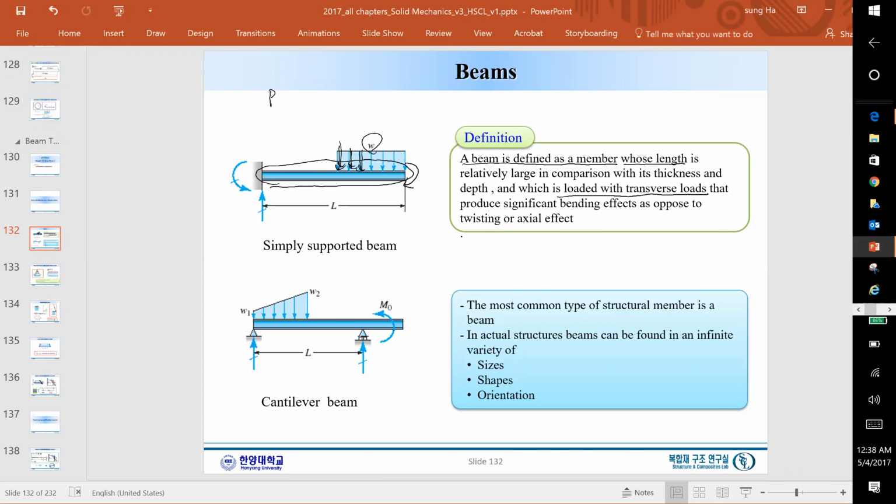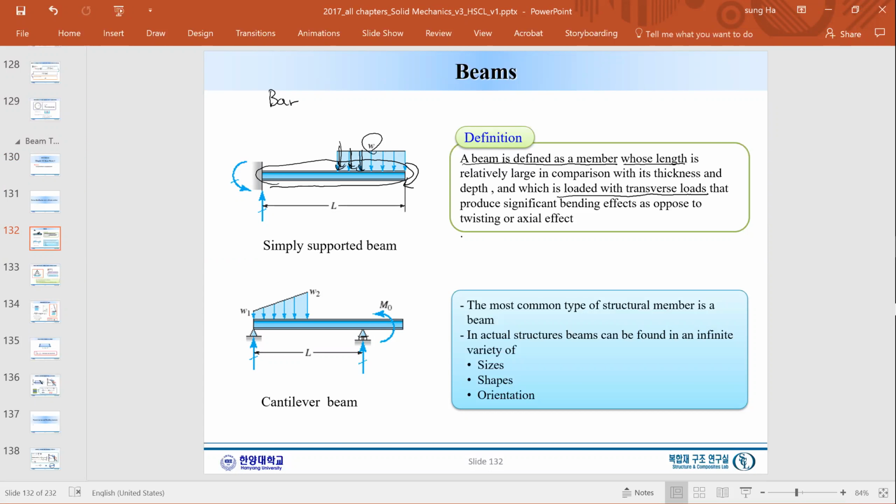A bar is under axial load, tension, or even compression as well. A shaft is under torsion like that, and a beam is under something like a bending moment.